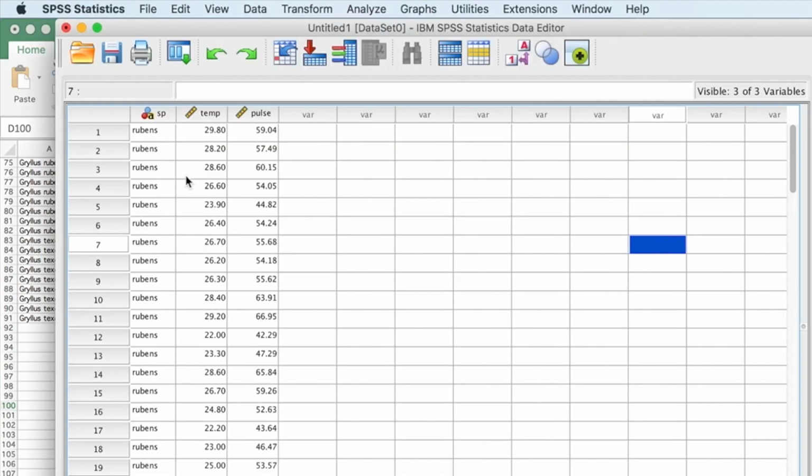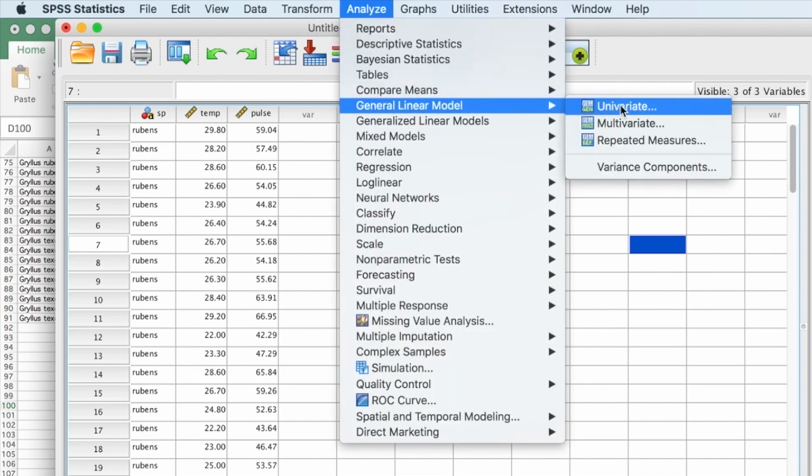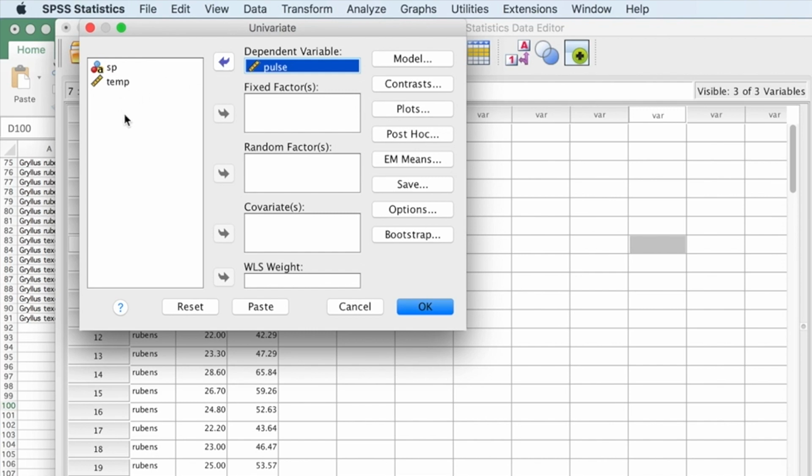Here I've copied the data over. We've got species, temperature, and pulse. And then you would go to Analyze, General Linear Models, Univariate. It's still univariate because we're only studying pulse rate. That's the only dependent variable. And then species, you could say, is a fixed factor, and temperature is a covariate.